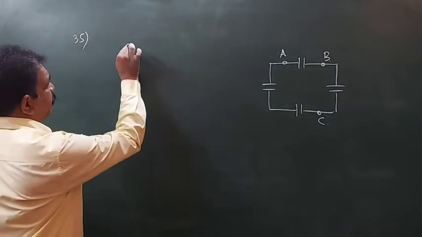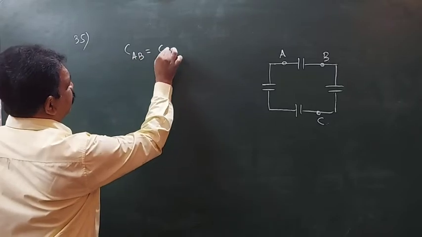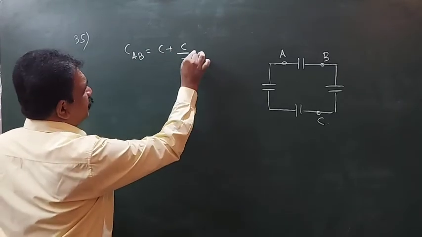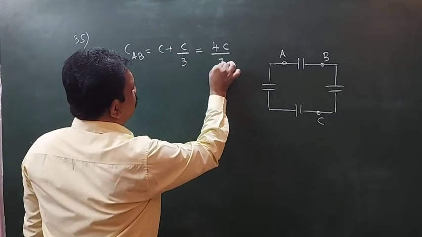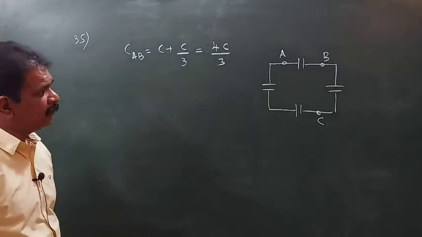So CAB is equal to C plus C by 3, this value is 4C by 3.